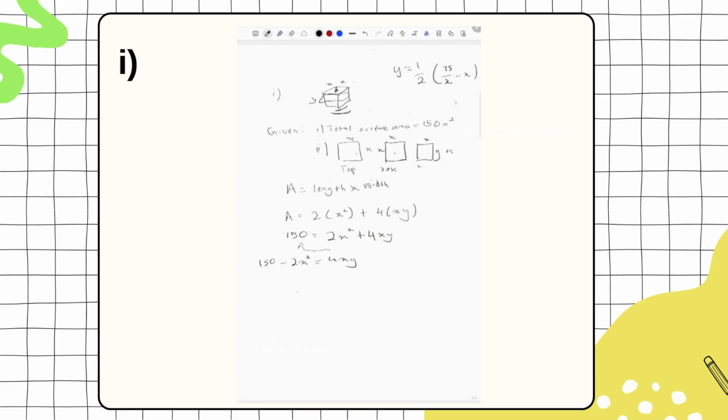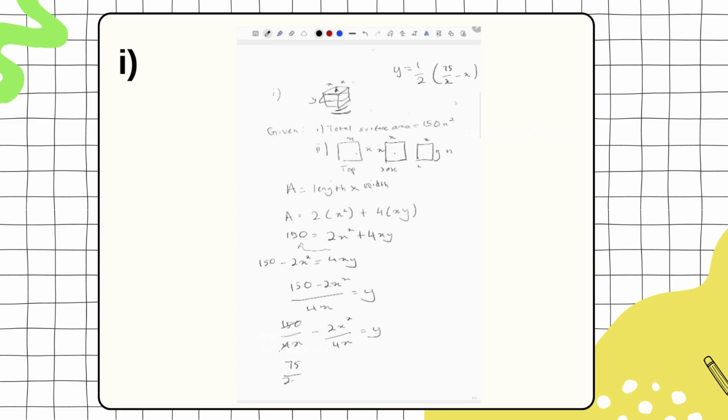And then we bring 4x and leave y at the right, and then we can split the equation.